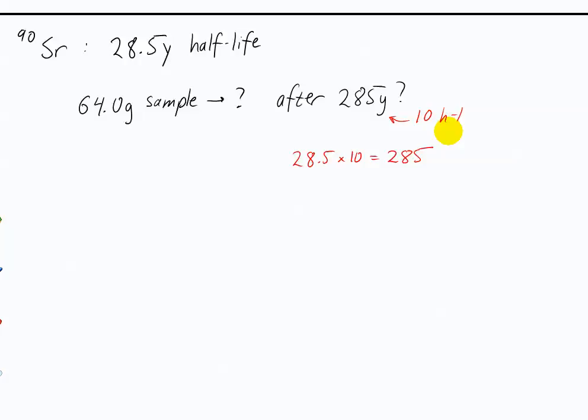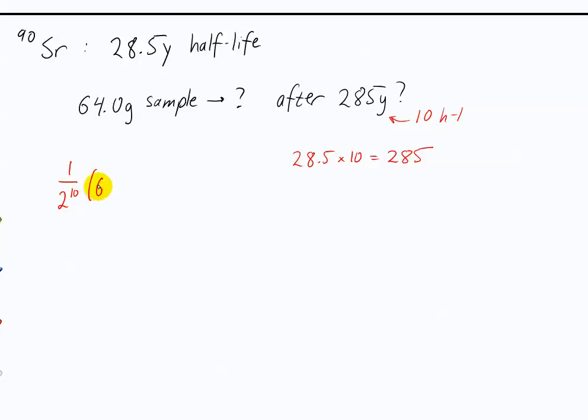All right. So if we started with a 64-gram sample, that means what we have to do is cut it in half 10 times. You can do that manually: divide by 2, divide by 2, divide by 2, 10 times. Or you can look at the equation we saw before, and you can say 1 over 2 to the 10. That's the fraction of the original that we're going to have.